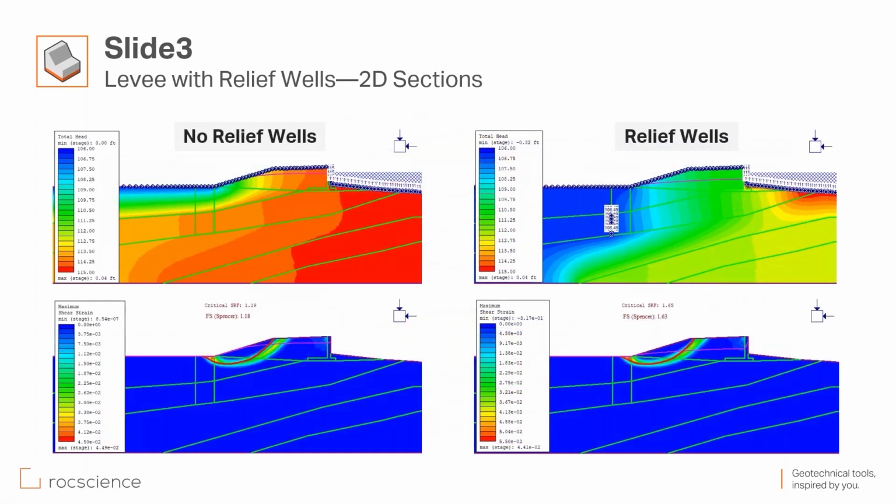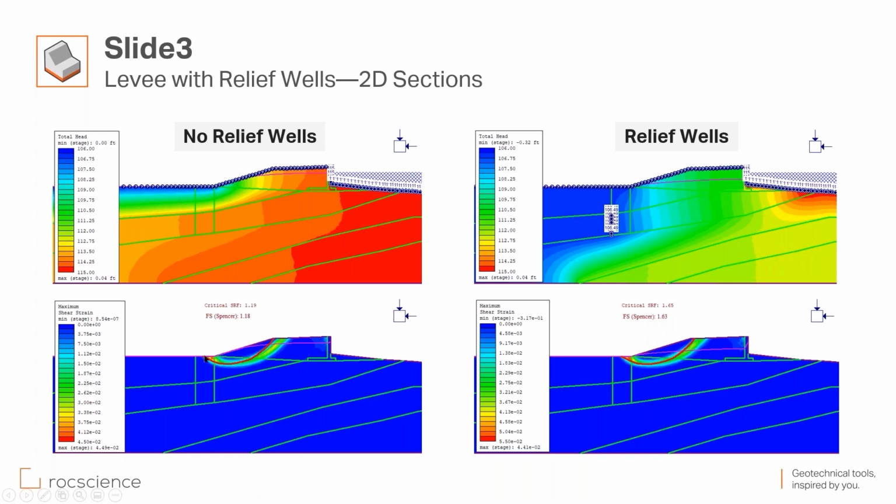If we look at the 2D model, the one without the relief wells, you can see that the pore pressure here is high. This is the elevation of the water table. When we add the relief wells, the total head goes down, and also the level of the water table goes down. This purple one is the water table.